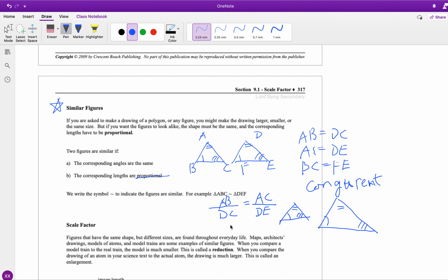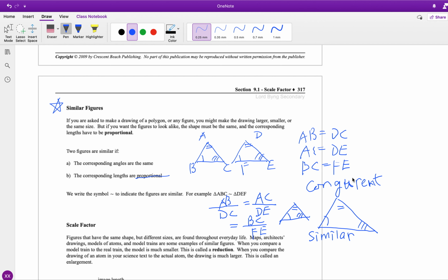The third sides are exactly the same thing: BC over FE is also equal. In this case, we say this triangle and this triangle are similar. They're not congruent, but they are similar.